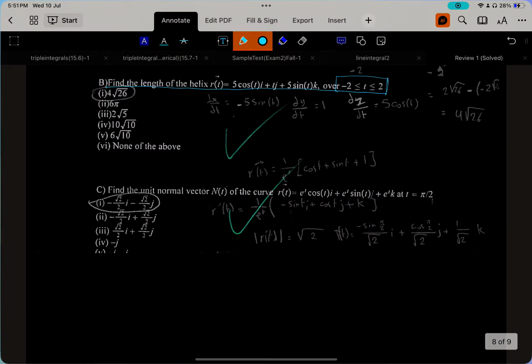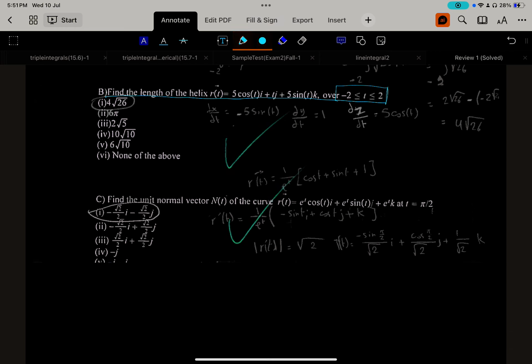So let's see what he did. So he got r prime, which is 1 over e to the t. For some reason it's 1 over e to the t. I'm not sure how he got that. So yeah, e to the t. Yes, it's e to the t. Cosine and then sine. Root 2.